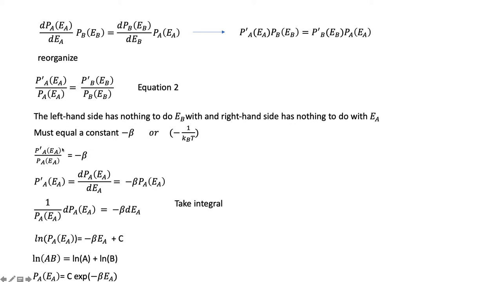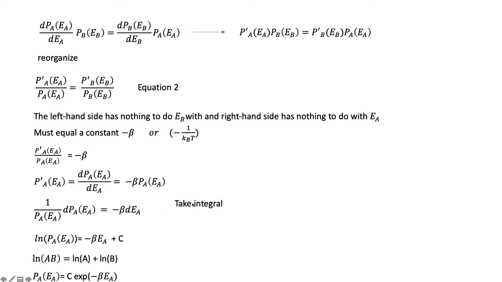So P_A'(EA), just to make this part simpler, we write the whole part of it, equals negative beta times P_A(EA). Because this is a differential of P_A(EA), and we have P_A(EA) over here, we move this, make it 1 over P_A(EA), so dP_A(EA) equals negative beta dEA.